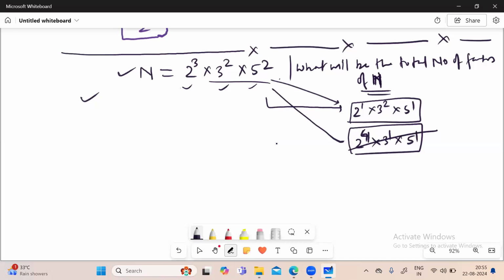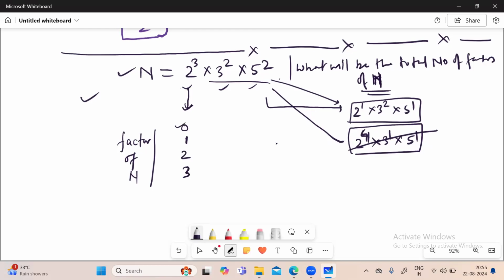Now, if we want to count the total number of factors, then I have to make a number which will be a factor of n. So if I have to make a factor of n, I can take 2 in that factor with these 3 powers, and the 4 powers.